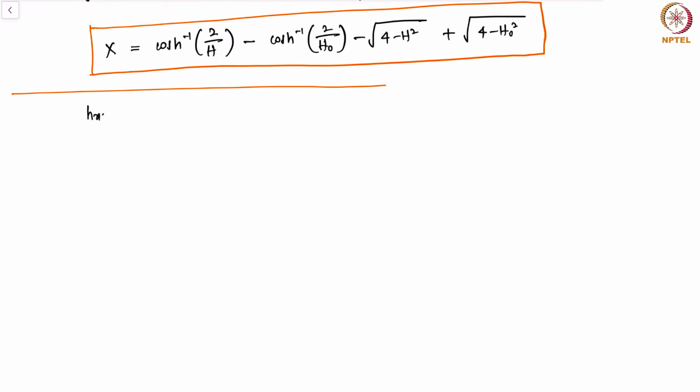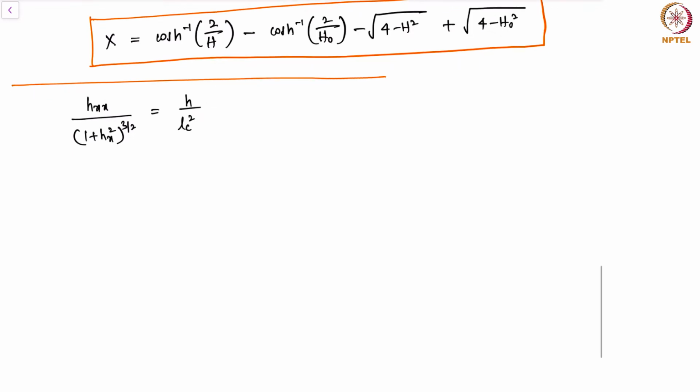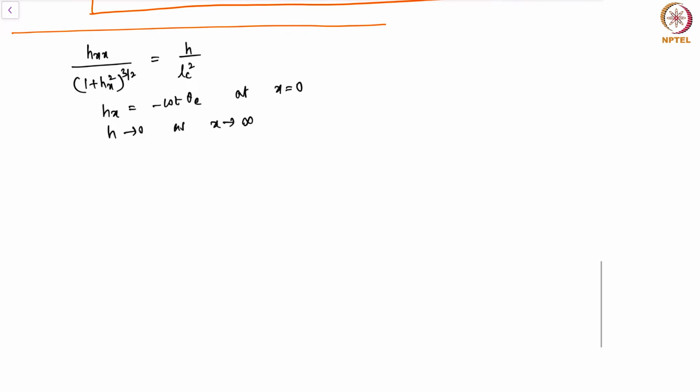We have hxx divided by 1 plus hx square whole power 3 by 2 is h by lc square. This is what we have, right? Now with the condition hx is minus cot theta e at x equal to 0 and h goes to 0 as x goes to infinity. This is the condition that we have.